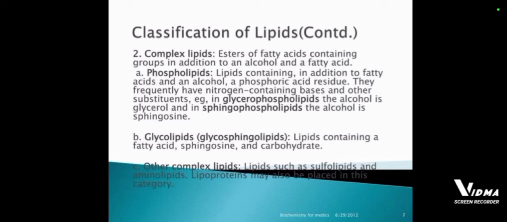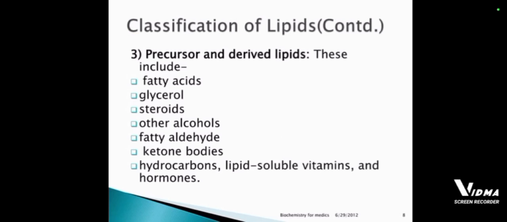In glycerophospholipids the alcohol is glycerol, and in sphingophospholipids the alcohol is sphingosine. Glycolipids are lipids containing a fatty acid, sphingosine and carbohydrate. Other complex lipids such as sulfolipids and aminolipids, and lipoproteins, may also be placed in this category.